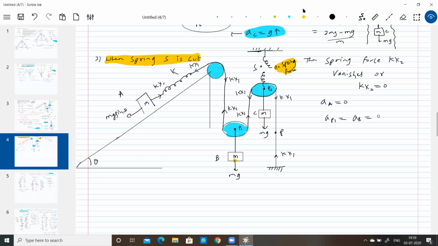So here, if I show one more diagram, spring force, there's nothing called a spring here.